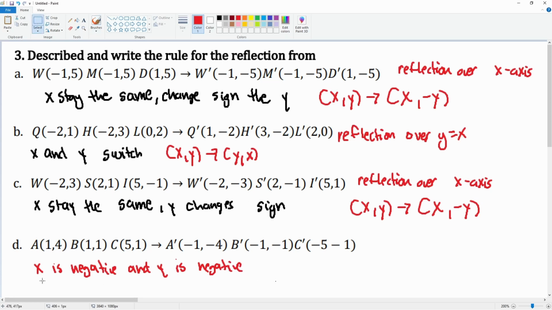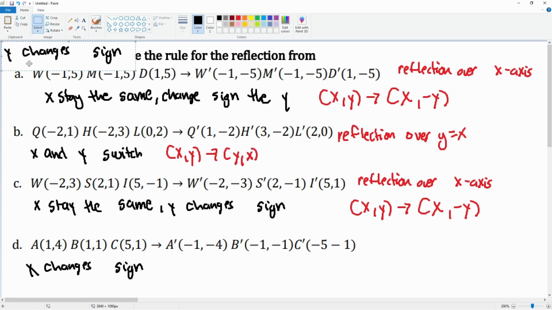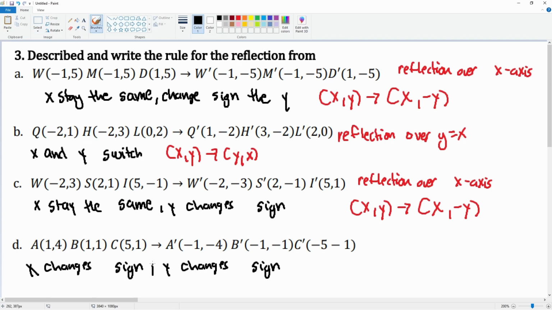When the X changes sign and when the Y changes sign. So this is when the X changes sign right here, and when the Y also changes sign, right? Okay, so we can just write this rule here.